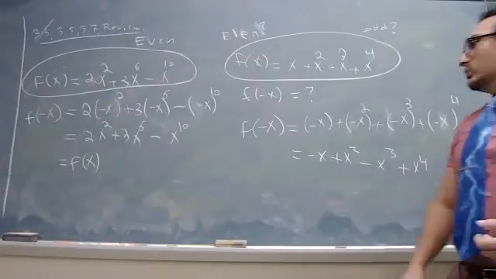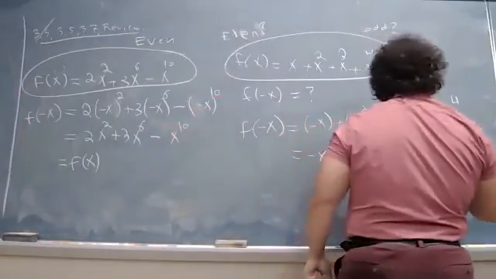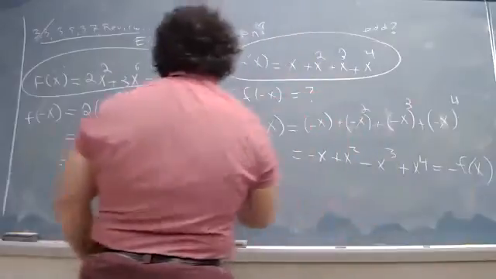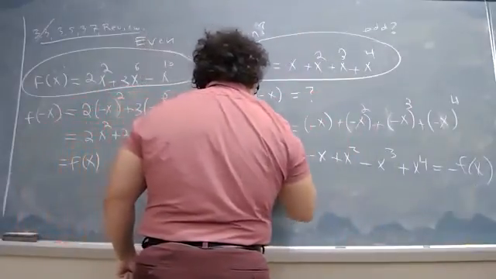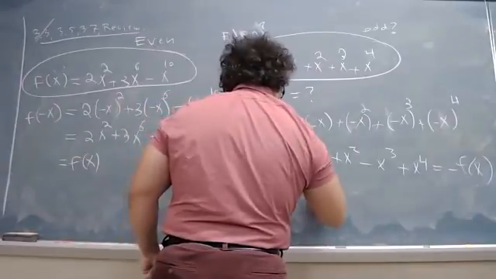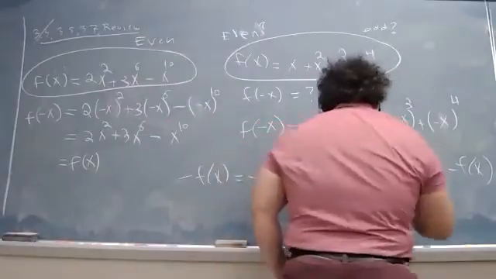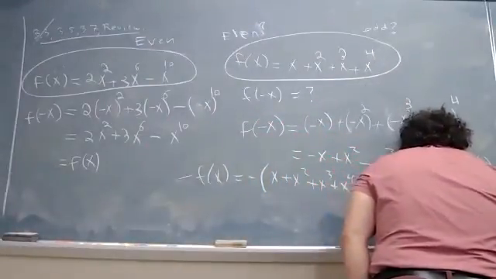Notice that for it to be odd, this would have to be the same thing as negative f of x. But negative f of x, by definition, would be negative of x plus x squared plus x cubed plus x to the fourth, which would be equal to negative x minus x squared minus x cubed minus x to the fourth.